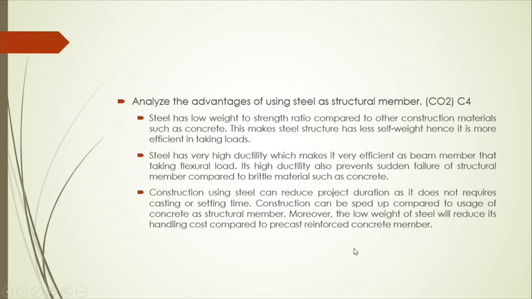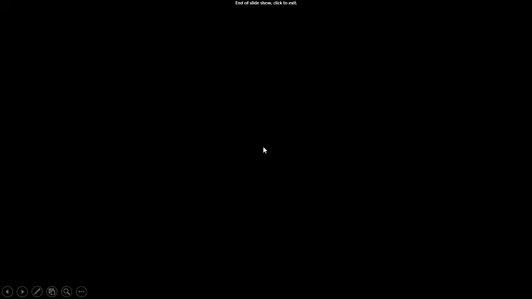We don't need to wait for things to be cast compared to concrete, which needs to let the concrete achieve its strength at 7 days, 14 days or 28 days. Steel can be used directly with no setting time. So you need to derive further from the point to explain in depth the advantages of using steel as such a member.